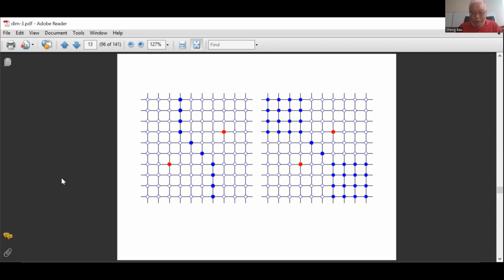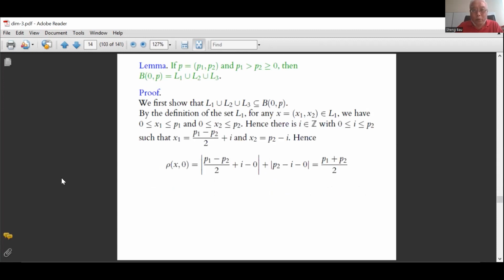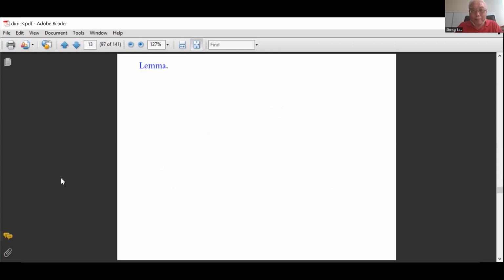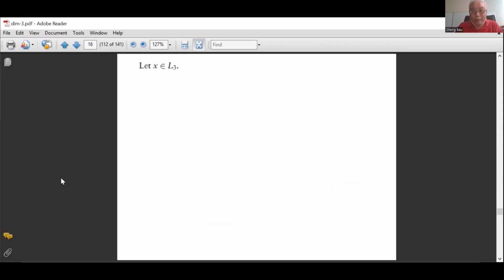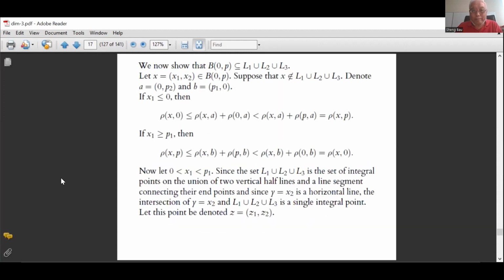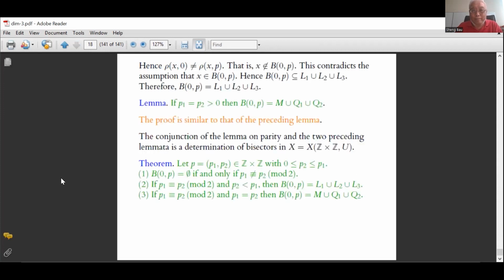So this is the idea of the proof, and I'm not going to bore you with the very detailed proof. This proof is complete here. Exactly what I said is written down here in three lemmas, including the first lemma about the emptiness, whether the bisector is empty.